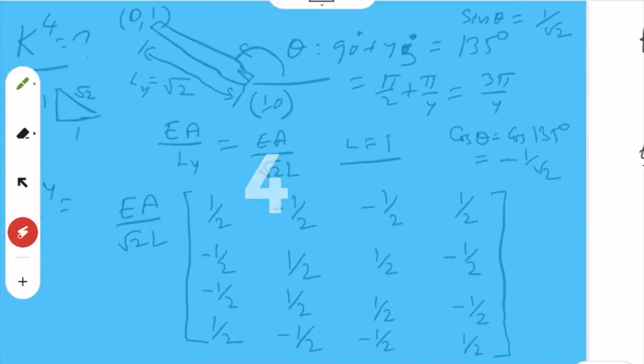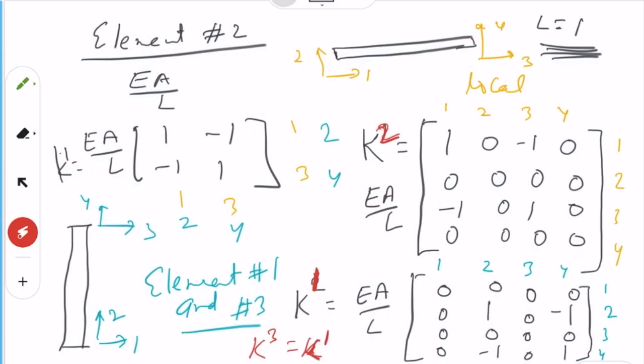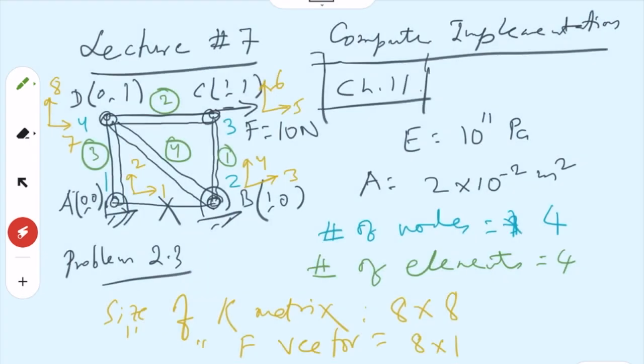Now remains the last one, the element number 4, and for that we have 3, 4, 7, 8. We will not write here like we started from here, because our earlier derivation says this is fixed here, and then from here we are measuring some theta.